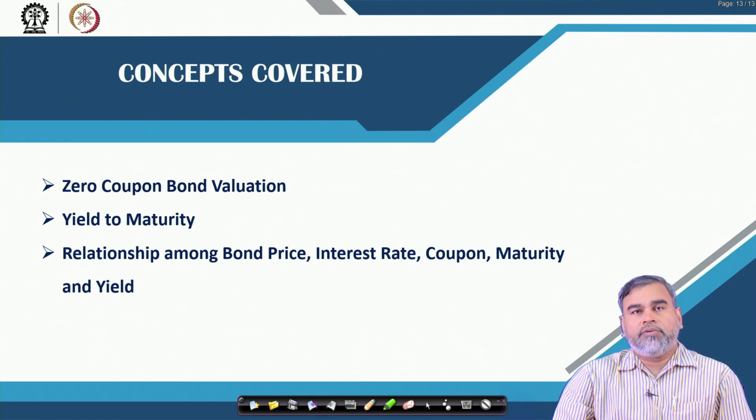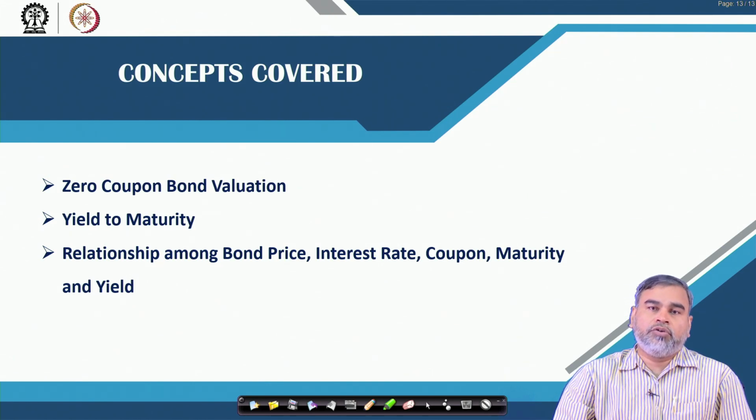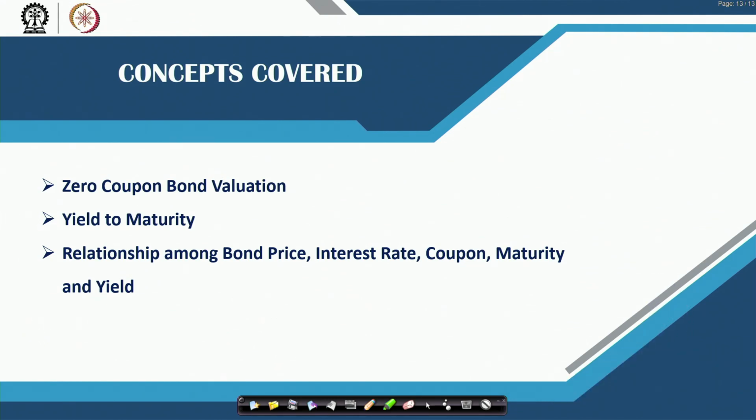These are the concepts which are very important from the security valuation point of view, specifically for fixed income securities. These are the things we will be discussing in today's session.